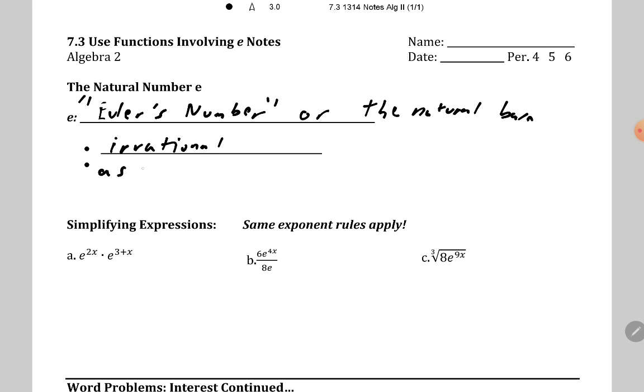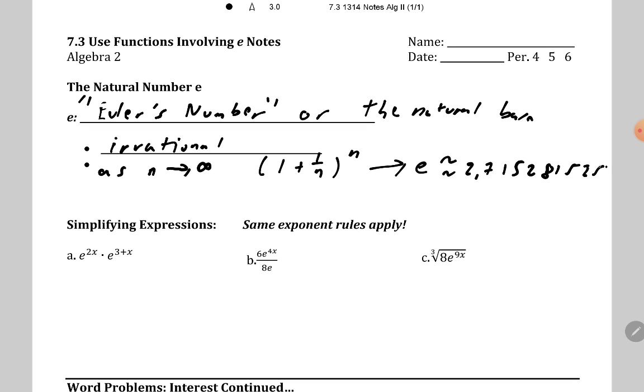It was discovered by looking at 1 plus 1 over n to the nth power as n goes to infinity. As n gets incredibly high, the expression approaches this number, which is 2.718281828.